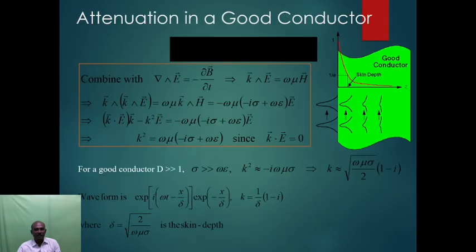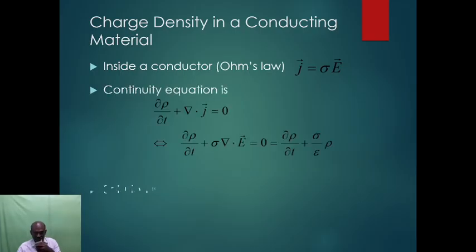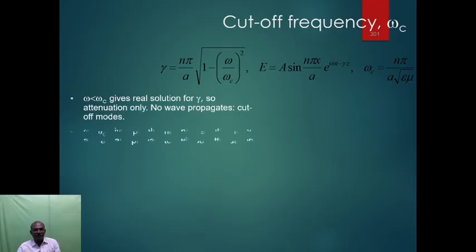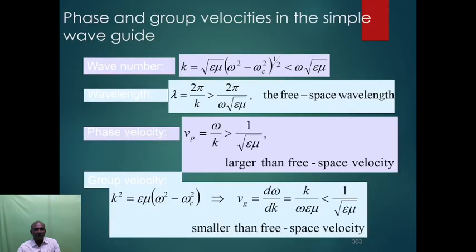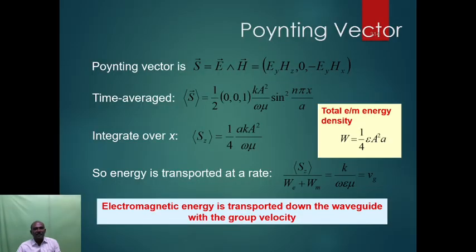We can mathematically calculate parameters for conducting materials, for dielectrics, for any type of medium. We have different types of wave parameters using which we can mathematically evaluate any type of electromagnetic wave.